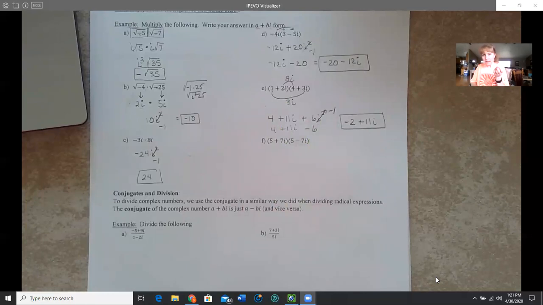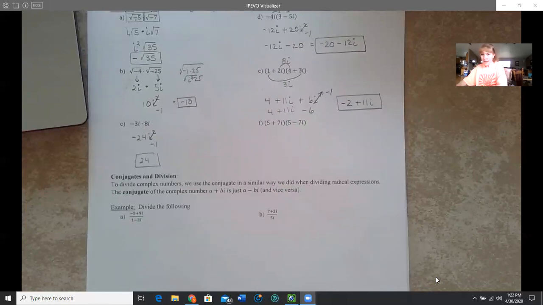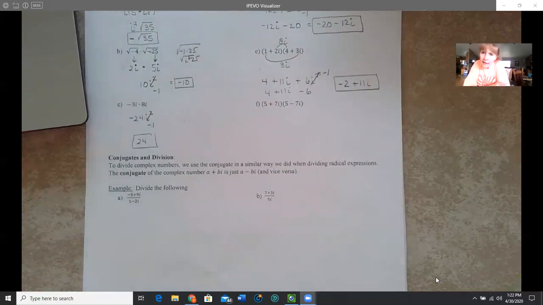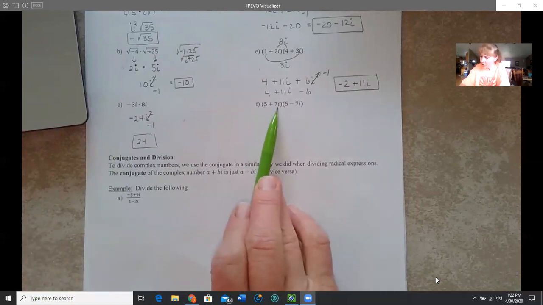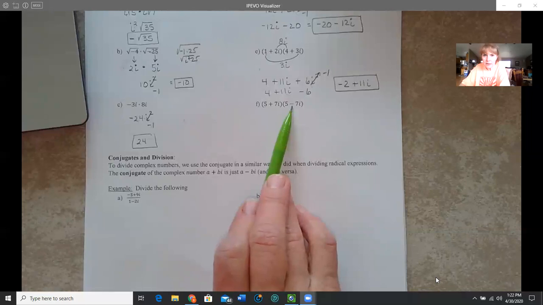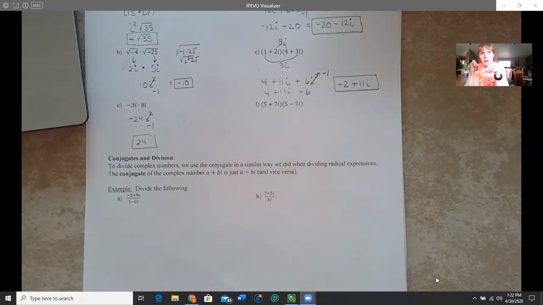Well, let's go ahead and practice this here. Let's look at multiplying. Now, in the last chapter, when we were rationalizing the denominator, we introduced a term called the conjugate. Well, the conjugate is where they match and the sign is opposite. And we multiplied by the conjugate so that we didn't end up with a radical in the denominator.